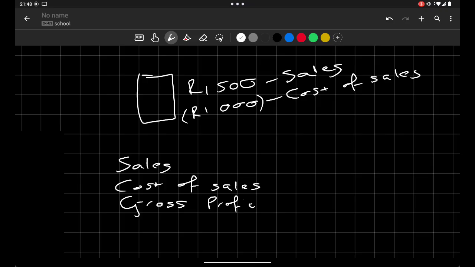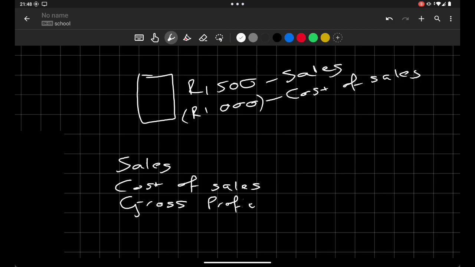I think for most of us, that is a topic that your teachers are just going to skip through, and you will not delve into that, right? So these businesses that we're going to be looking at, they all want to make a profit. At the end of the day, you wake up to run your business so that you can have extra money and go buy, I don't know, a car or something, right?